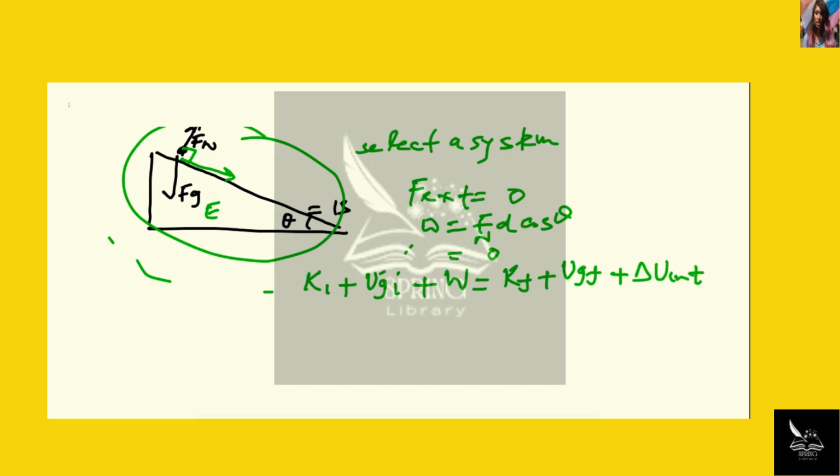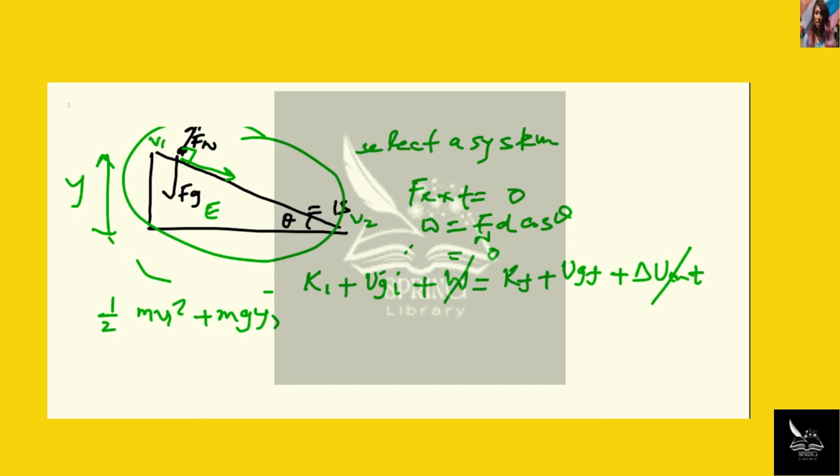Now in this scenario, the work done by the external forces is 0, and there is no internal energy due to friction because it's a frictionless surface. So we have a simple equation: initial kinetic energy plus gravitational potential energy equals final kinetic energy plus gravitational potential energy.